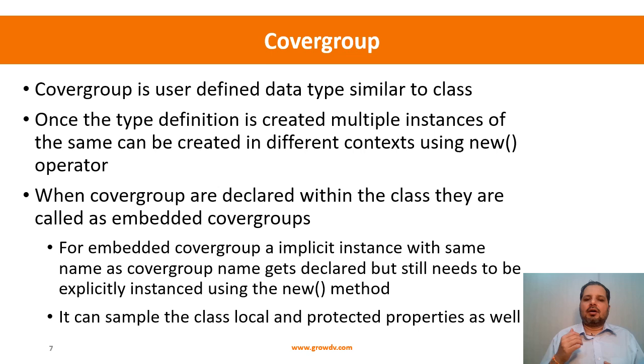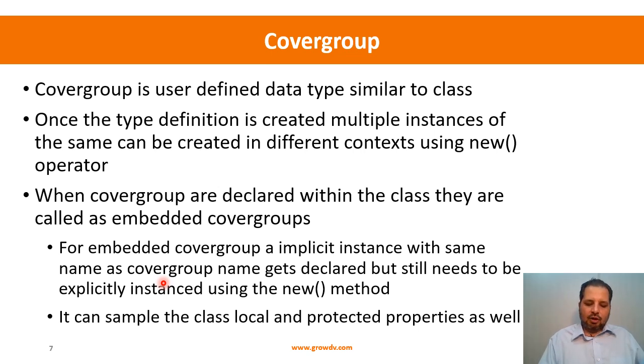Okay, and what happens is, for the embedded cover group, there is an implicit instance that gets declared with the same name as the cover group. So you don't need to declare the handle for the cover group.